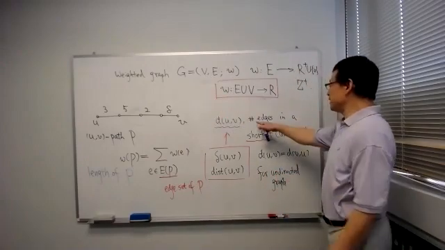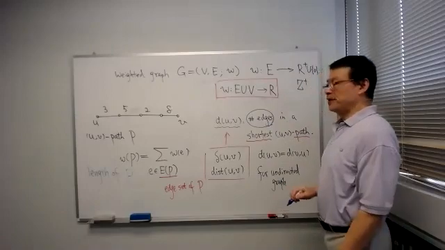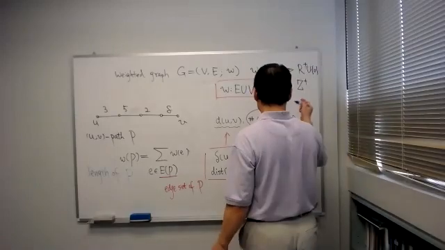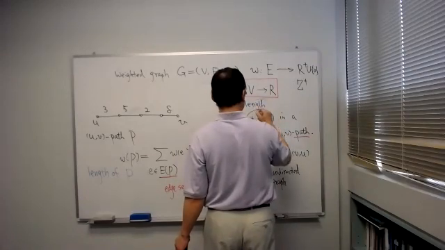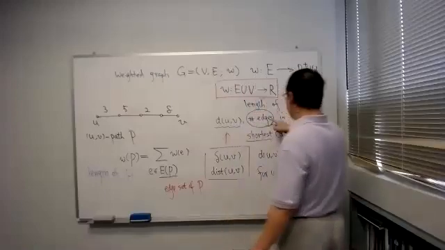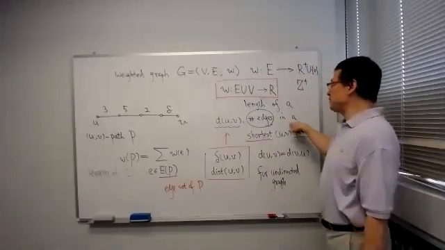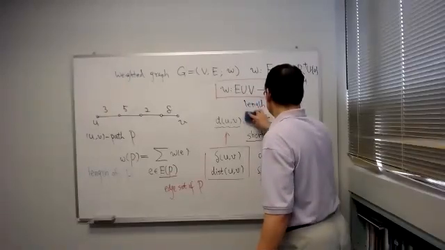Now distance, instead of the number of edges, I'll call this the length. So instead of the number of edges, it becomes the length of the shortest path.